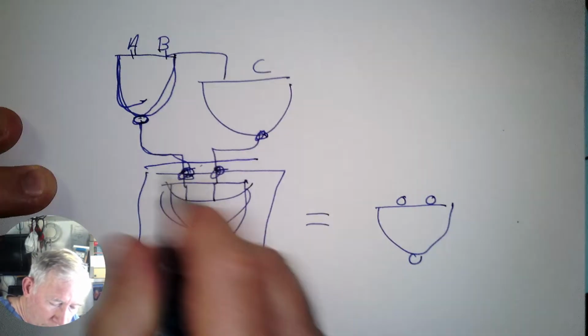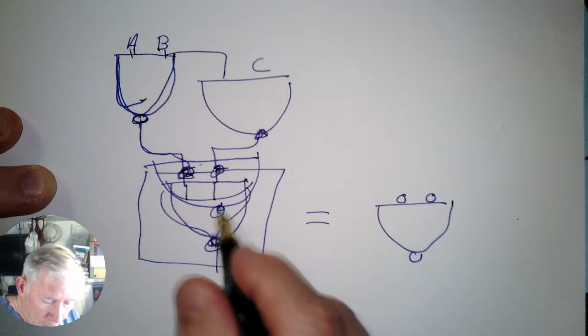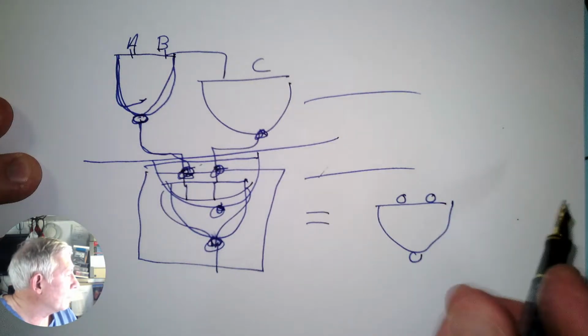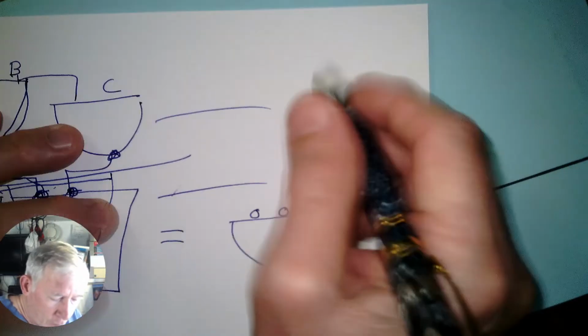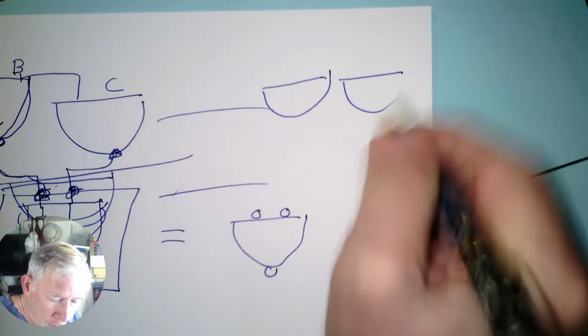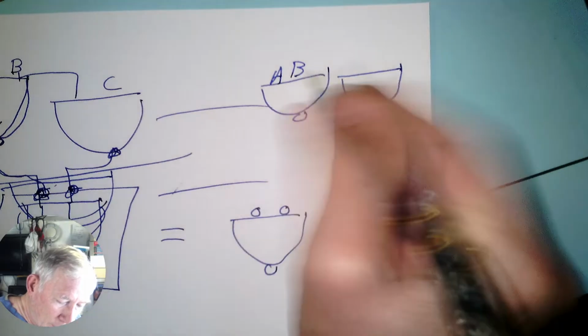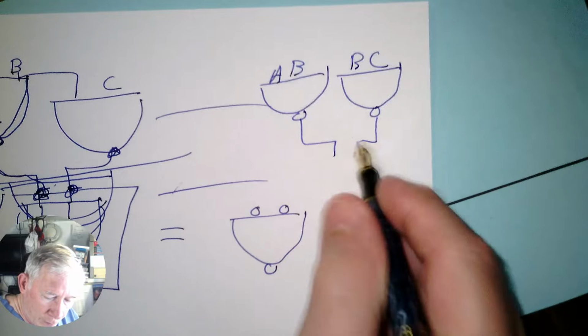So now you have the AND gate and a bubble on its output, and that's NAND form. That's real easy to do, though it's easier on a chalkboard. Let me draw the final thing: the 2 input AND gates, but with bubbles on them now, A, B, and B, C, and then these go into the OR gate.